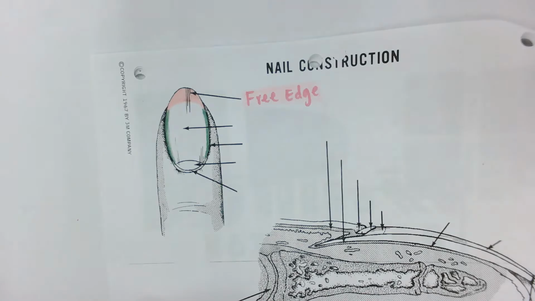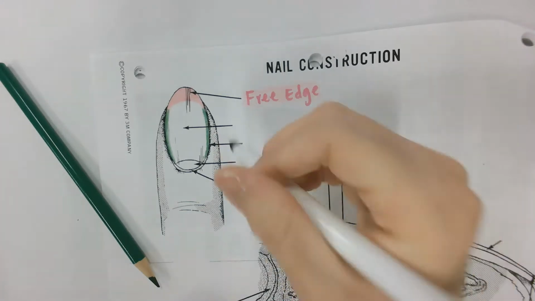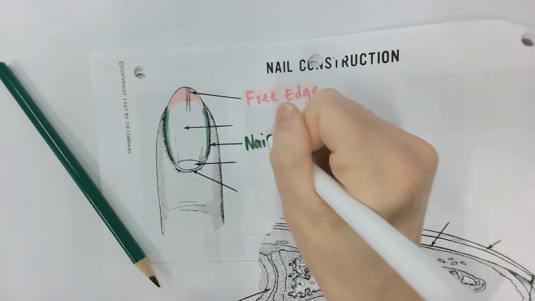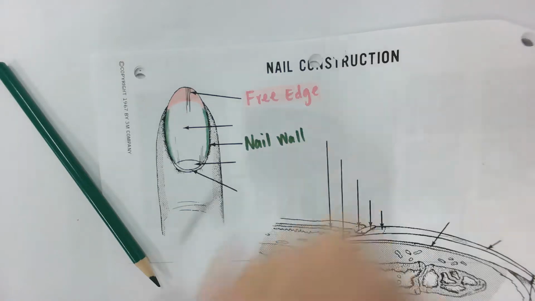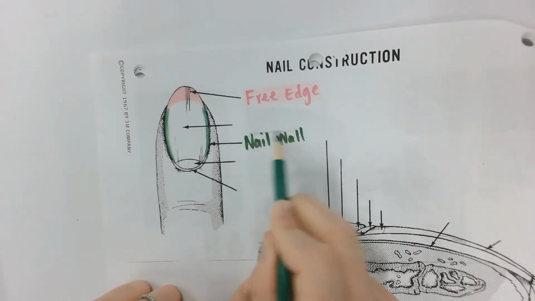Okay, and it's not actually the top of the nail, it's between the nail and the skin, right? That is called the nail wall. Some people call it the nail groove.